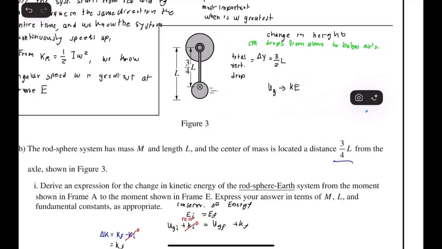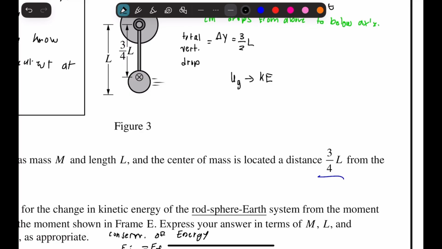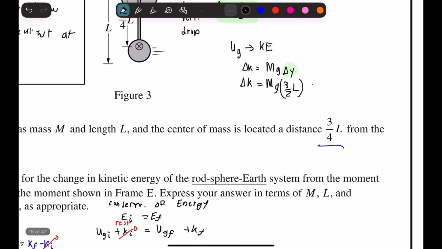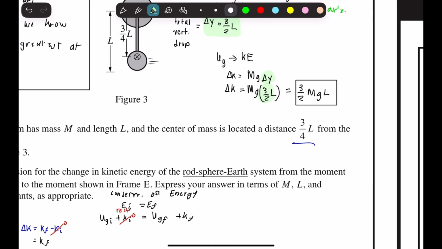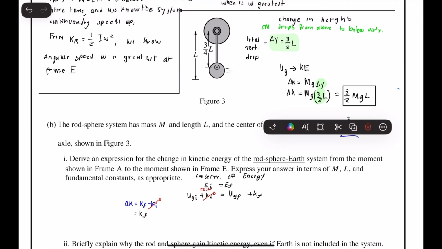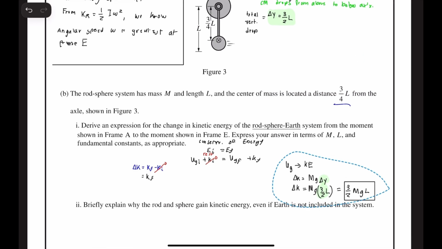To convert the gravitational potential energy into kinetic, we have delta K is equal to mg delta Y. Now, if we substitute in what we just got here, 3/2 L, this entire expression is going to equal 3/2 mgL. And we can actually put this over here.